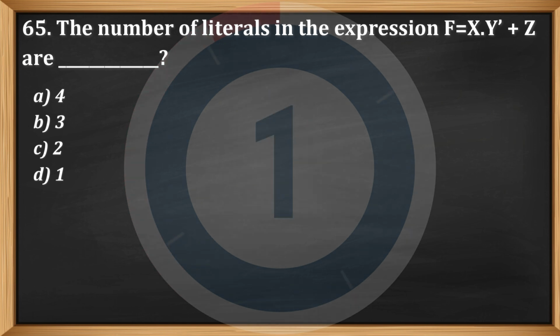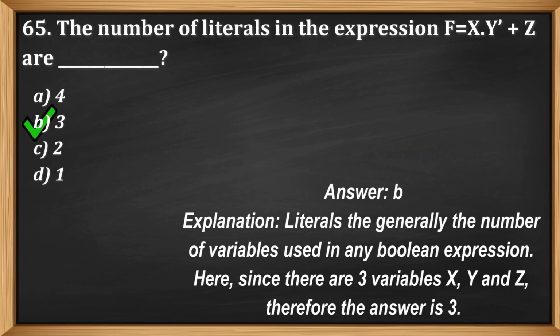The number of literals in the expression f is equal to x dot y naught plus z are option B, 3.